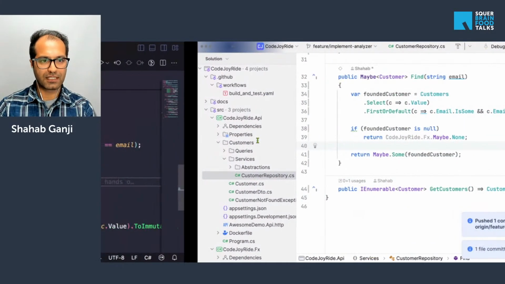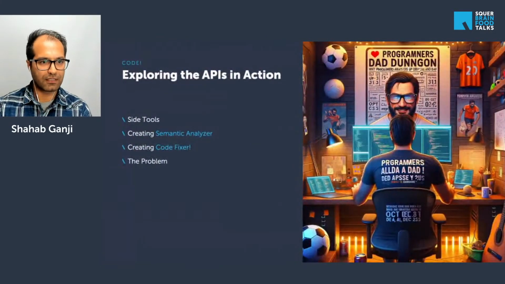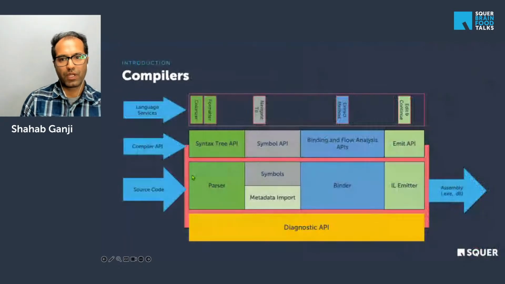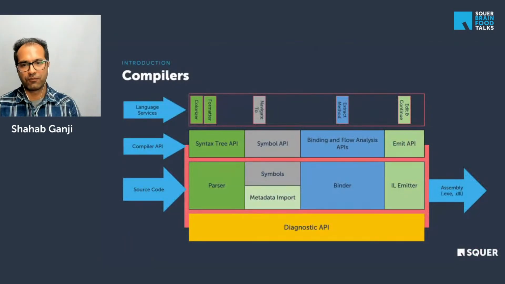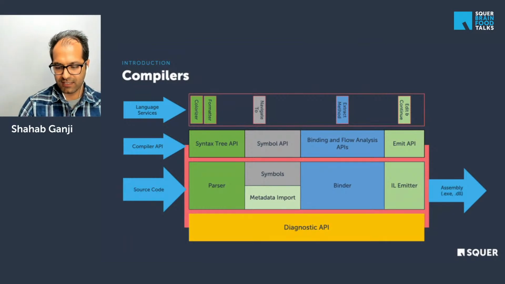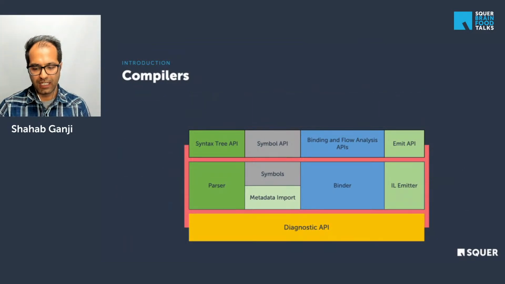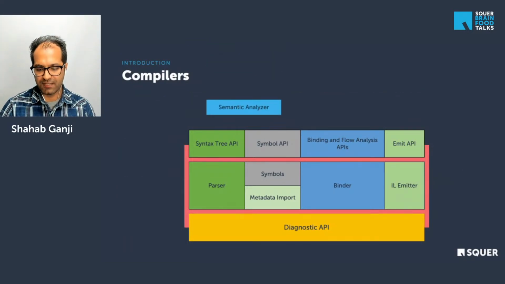Okay, let's get back to our slides here. We had this whole picture and we used some of these APIs to implement the features that we had. Let's clear some noise in here and see what APIs we actually used.